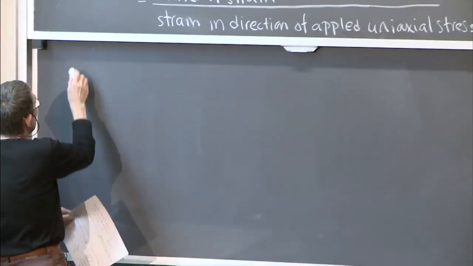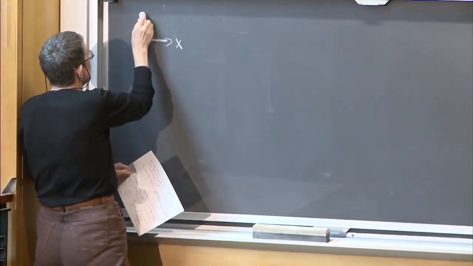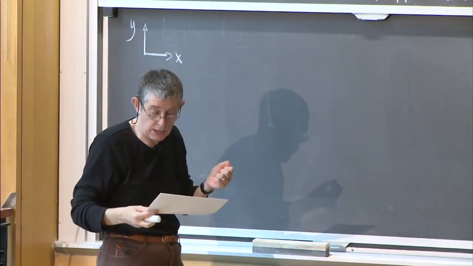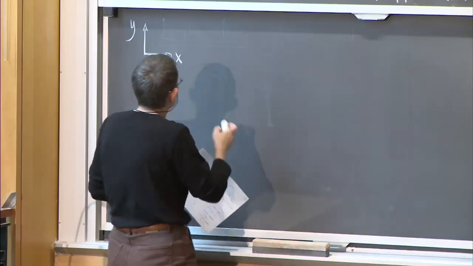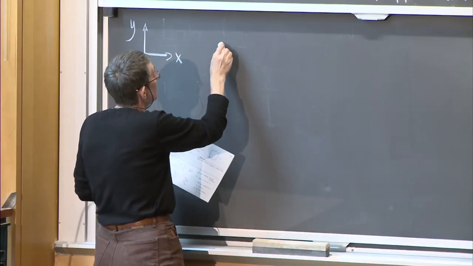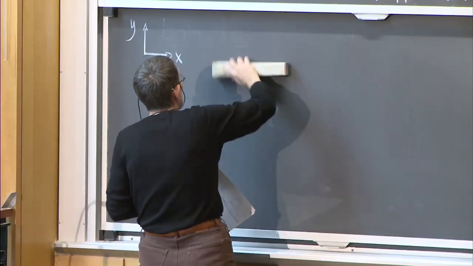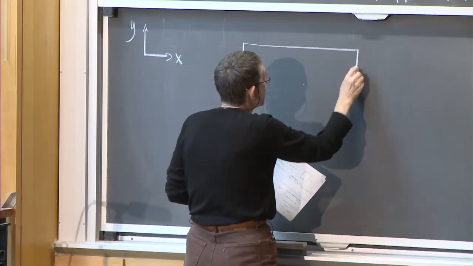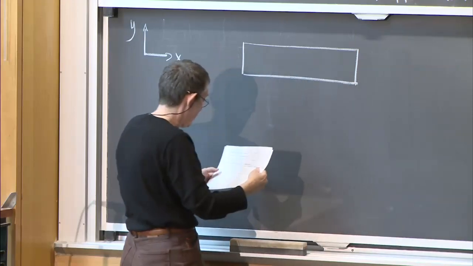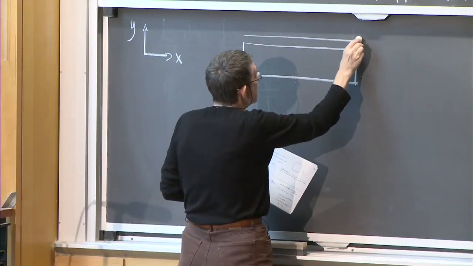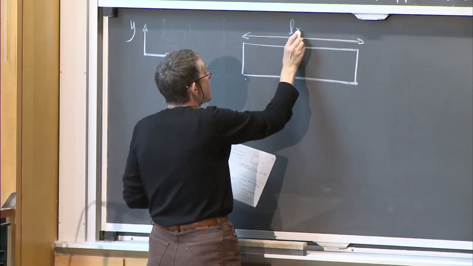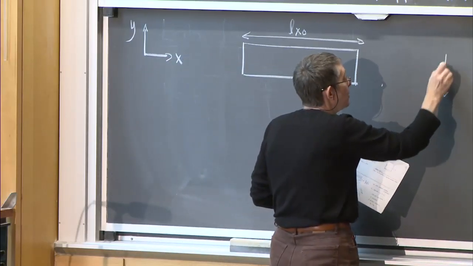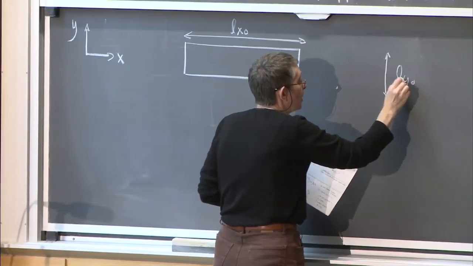Okay. So say I defined some x and y axes like this, and I'm going to draw a bar, and we'll look at that transverse or lateral strain and define the Poisson's ratio a little bit more exactly. So say I have my bar. Okay, so that's my bar initially, and this length of the bar is Lx naught. And this height of the bar here, I'm going to call Ly naught.